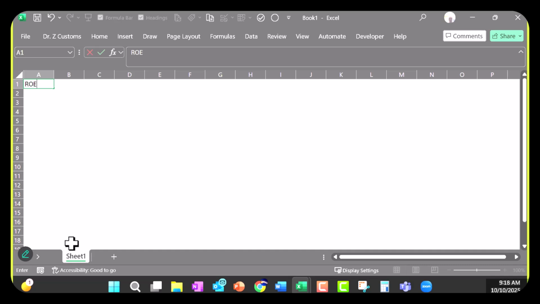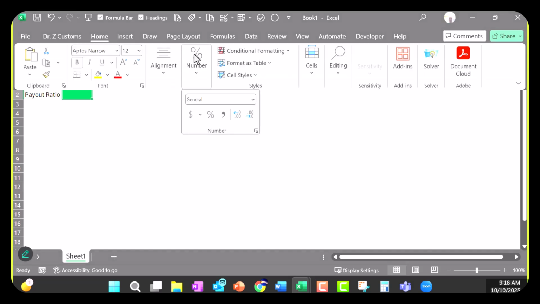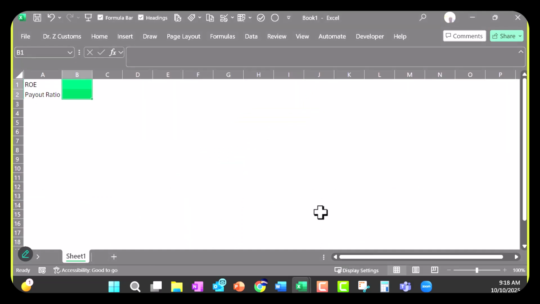So our ROE and payout are our inputs. You know my habit of coloring these things. What was ROE? 14.1. 25.